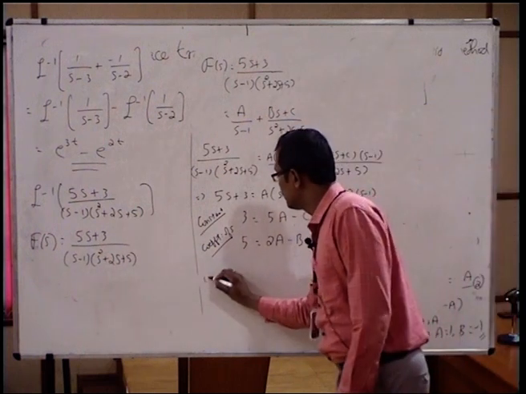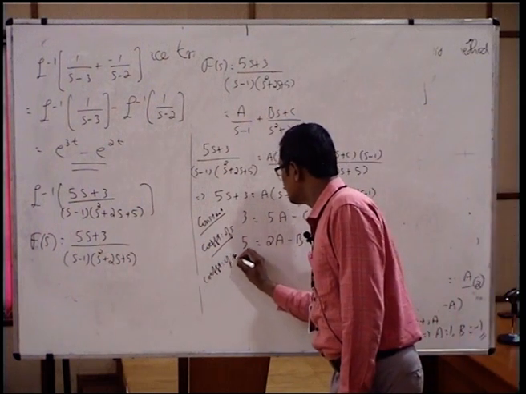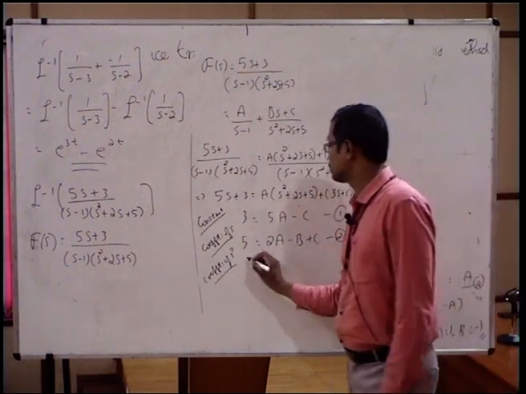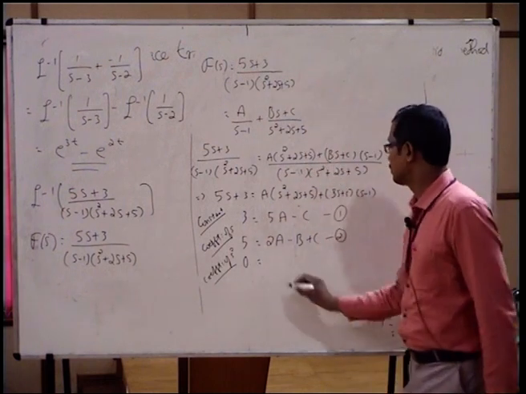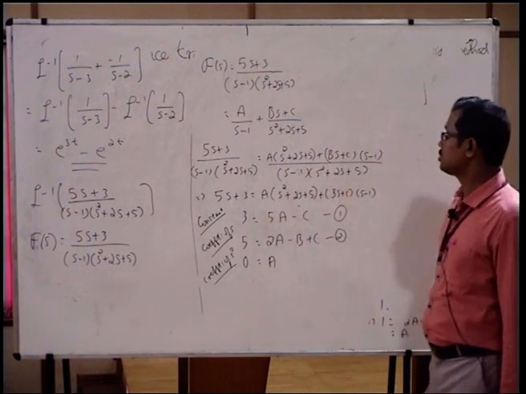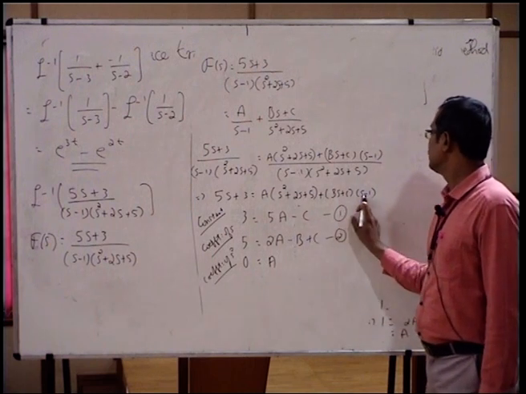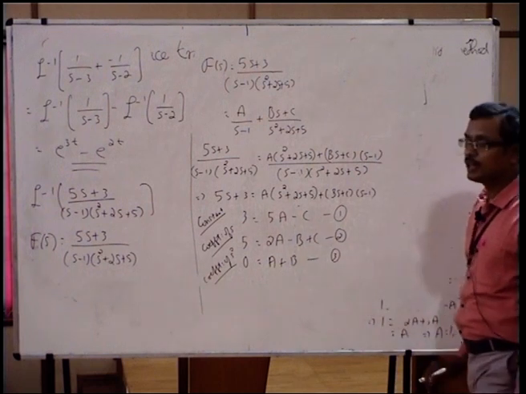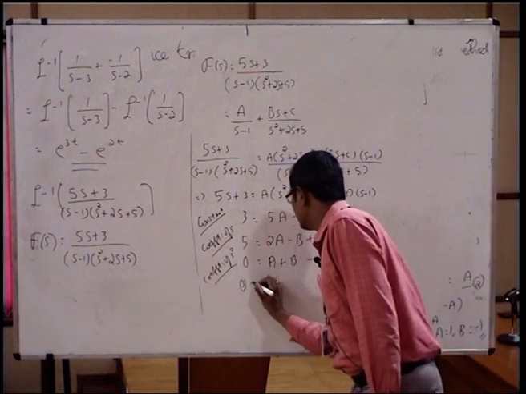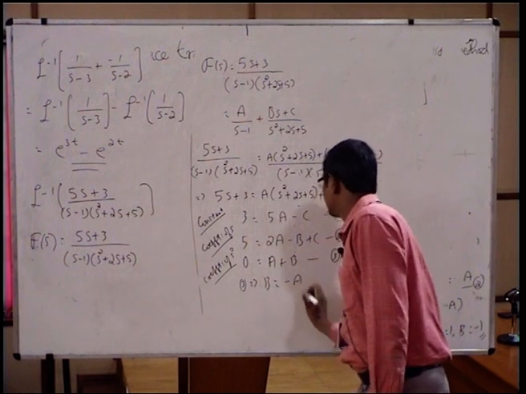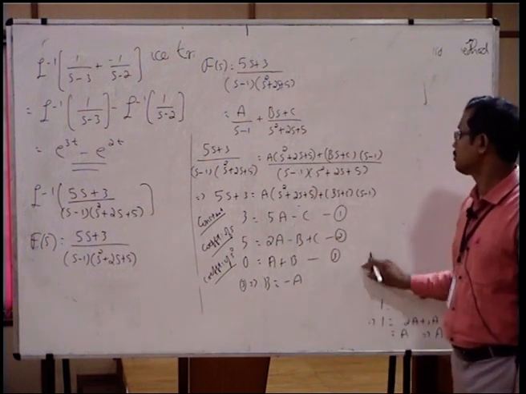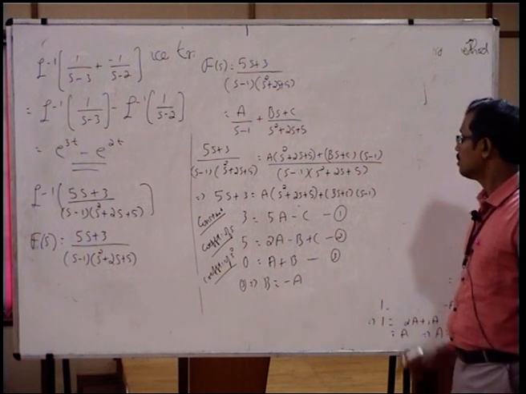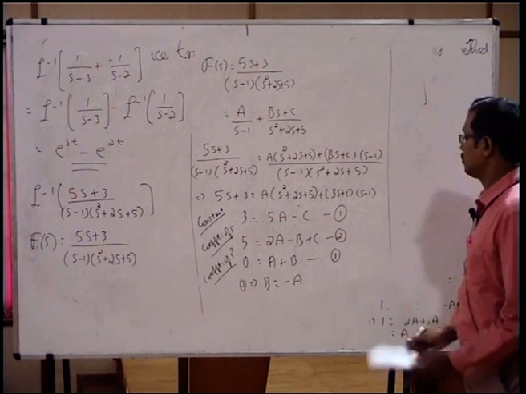Now equate the coefficient of s square. LHS has no s square term, so 0, equal to a on the RHS, plus b s square, so b. It's equation number 3. From 3 we get b equal to minus a. Substitute b equal to minus a in equations 1 and 2 and solve.